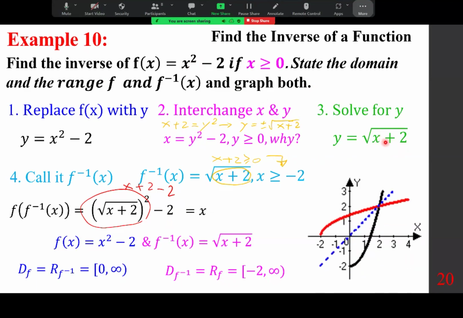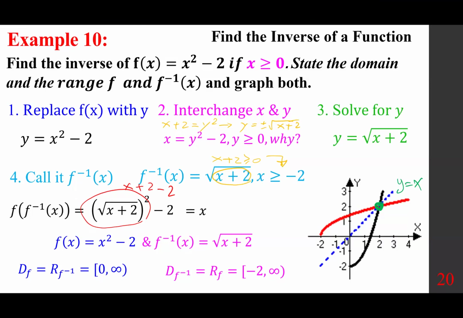As you can see, the point of intersection, if there is a point of intersection ever, it has to be on the line y equals x. And you can easily find it by simply setting the two equations equal and finding the point of intersection. In other words, x squared minus 2 equals the square root of x plus 2, and solve that.